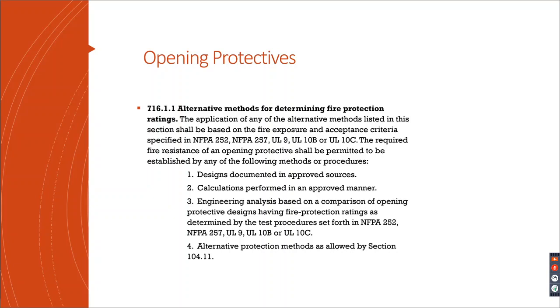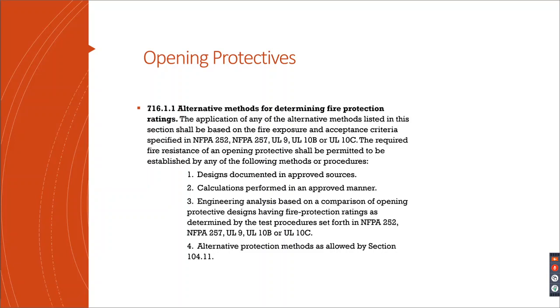acceptance criteria listed here. And then again, the fire protection rating of opening protectives shall be permitted to be established by any of the following methods or procedures. So you can give us designs documented in approved sources, calculations performed in an approved manner, and an engineering analysis based on comparison of opening protective designs having fire protection ratings as determined by the test procedures set forth in NFPA 252 and 257, UL 9, 10B, or 10C, and then other alternative protection methods as allowed in 104.11.